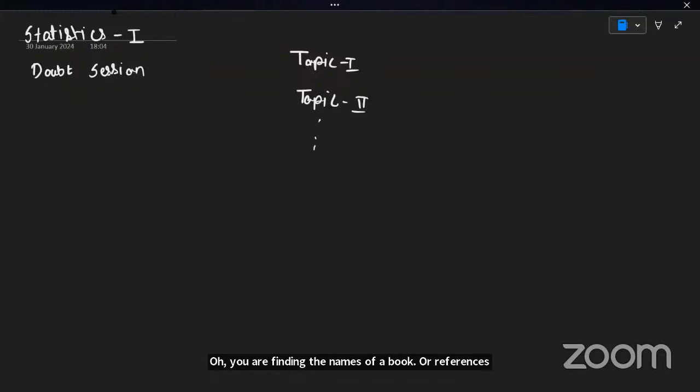Yes, ma'am. So what is the unit? Unit is these things. Topic one is your unit. For topic one, let's say you are finding references. Then you will find, let's say, the number of questions asked in the exam from that topic, and so on.